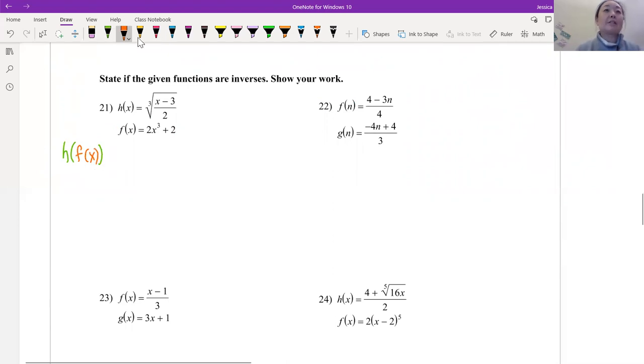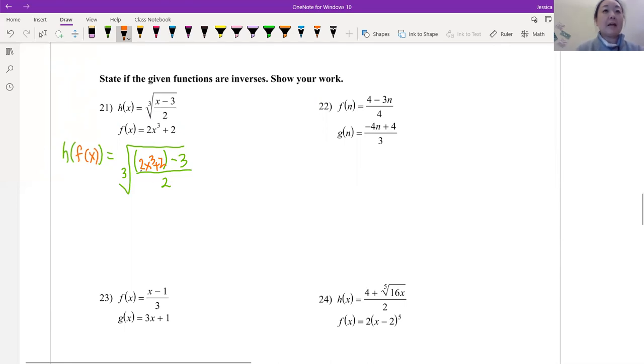Okay. So I'm going to set up my framework. I'm going to write down h, copied exactly the way it's written, except whenever I see x, I'm going to put in parentheses, because we're going to put in f of x in there. So whatever x is, -3, divide that by 2. All right, and I said it was orange. So this is going to be 2x cubed plus 2.